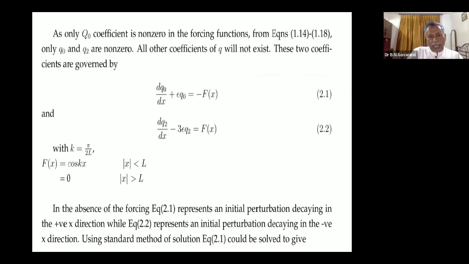So this is the kind of symmetric heating that we are talking about. So with that, if we go, there are only the equations, the coefficients. Only these Q0 and Q2 will remain. Okay. And then all the non-zero coefficients will be Q0 and Q2, and they will be governed by these two equations.